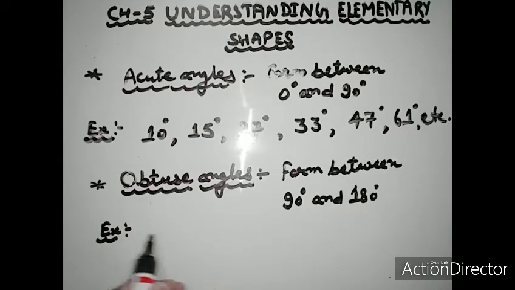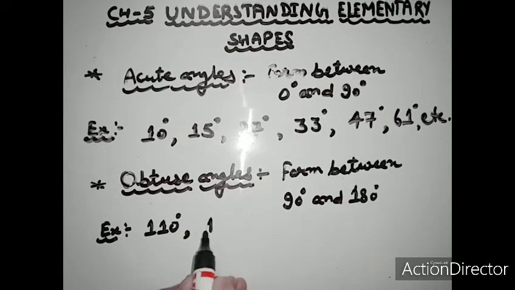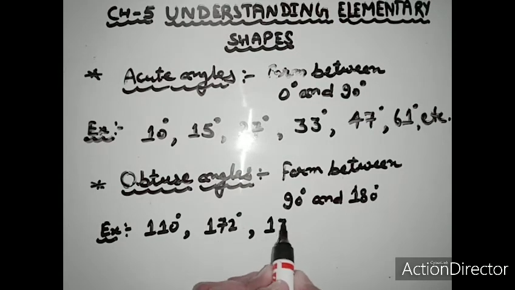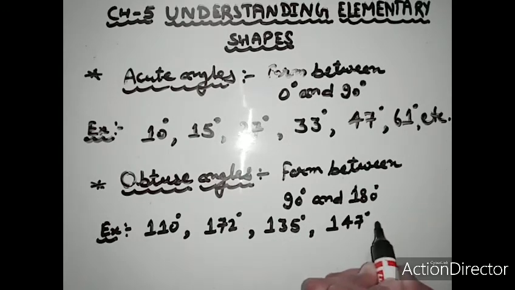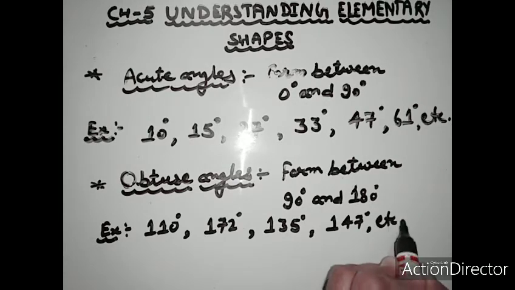Now here we write some examples related to obtuse angle. Angles like 110 degree, 172 degree, 135 degree, 147 degree, etc. These are some examples of obtuse angle.